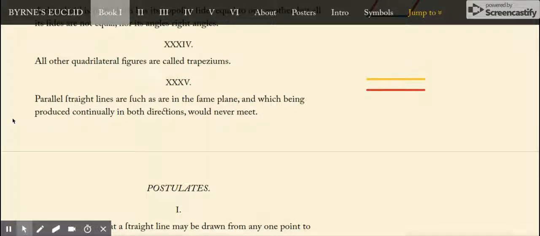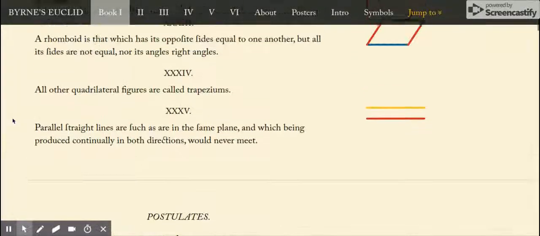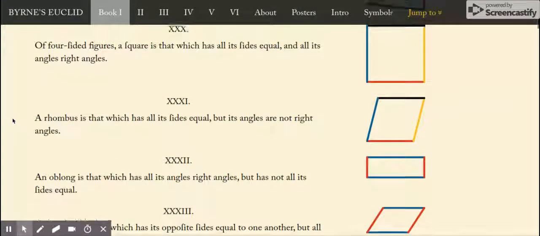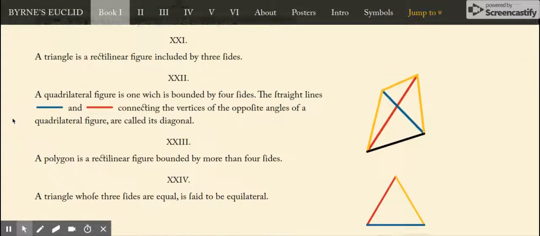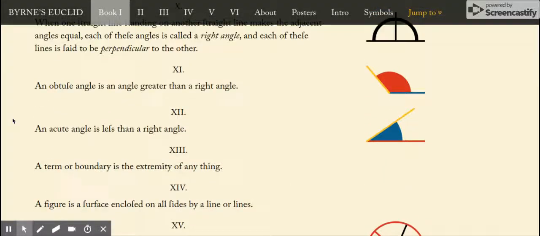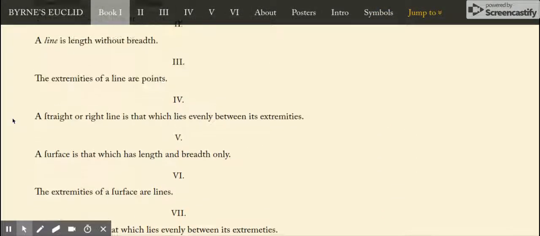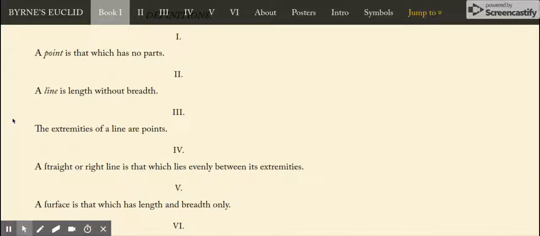Parallel straight lines are such as are in the same plane, and which, being produced continually in both directions, would never meet. That is beautiful. The pictures are wonderful. I love the poetry of this. I've always liked, ever since I encountered it the first time in other versions in English of Euclid, these first three.